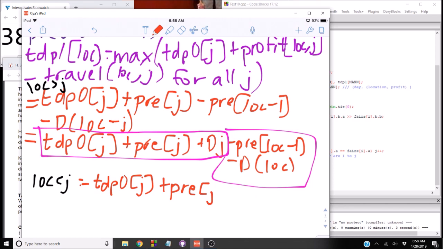Oh, here lock is greater than j, so this should actually be pre-lock. And this should be pre-j minus 1, because lock is greater than j. Okay, here it should be pre-j minus pre-lock minus 1.